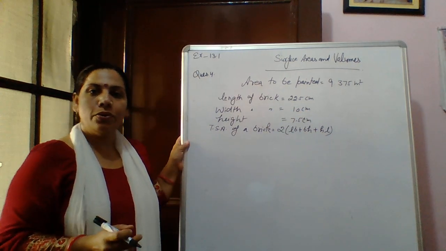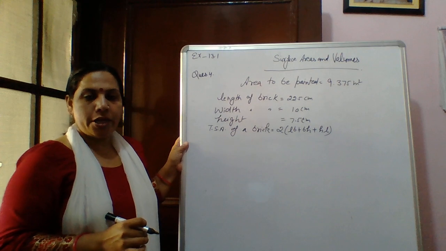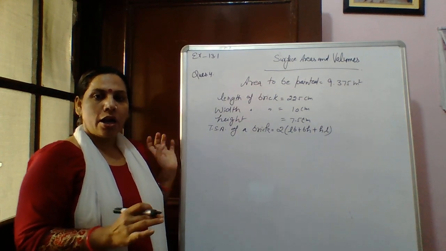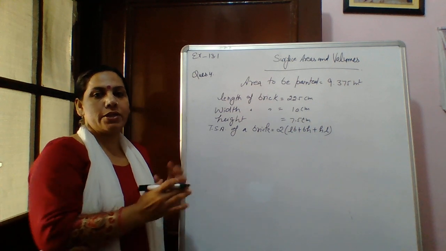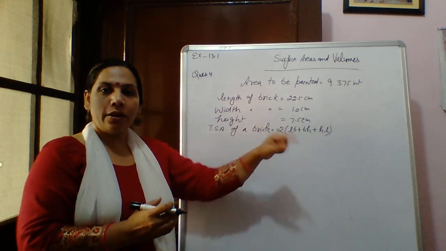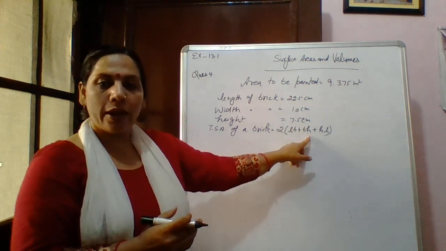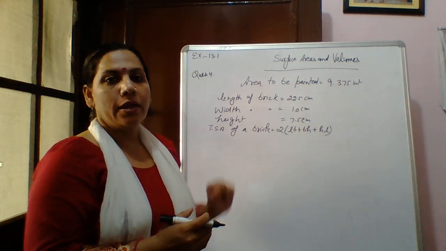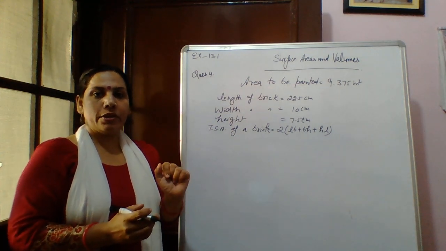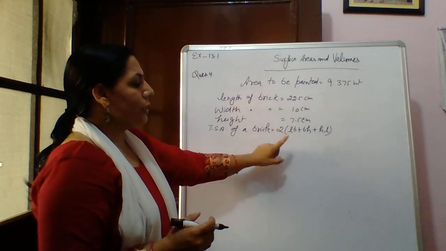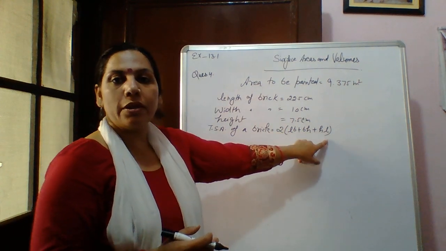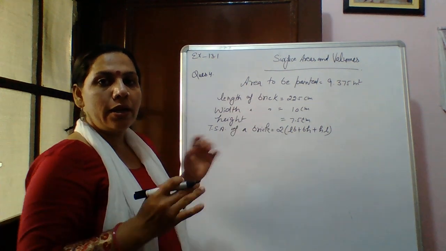Students, as you know, a brick is in a cuboid shape and in that cuboid there are 6 faces, out of which 2 faces are identical. 2 faces are using LB, means length and width, 2 are using width and height, and 2 are using height and length. Top and base using length and width. So 2 faces are there, that's why I am writing here 2 into LB plus BH plus HL. All these faces are rectangle.